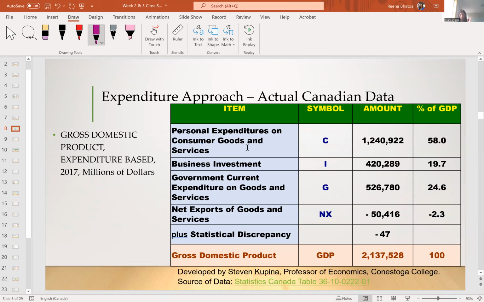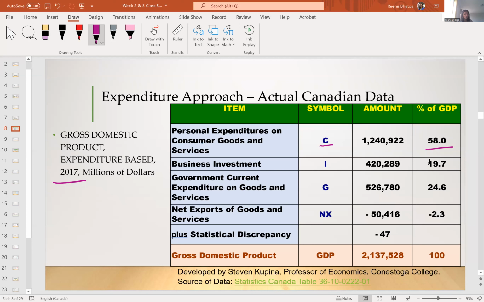That includes all kind of durable, non-durable goods and all that. C stands for that. In 2017, Canada has 1,240,922 millions of consumption expenditures made by household sector. Okay, and this is 58% of our total GDP.